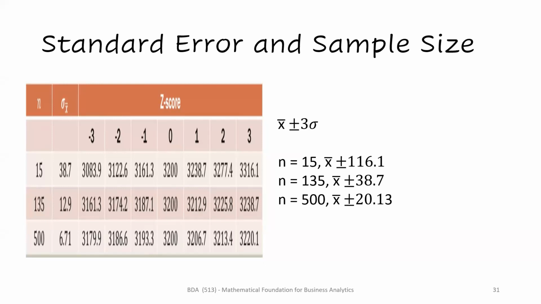It's moving with a difference of 116.1 to the left or right. So from the point 0, which is the mean of the population, to the point 3, there's a difference of 116.1.